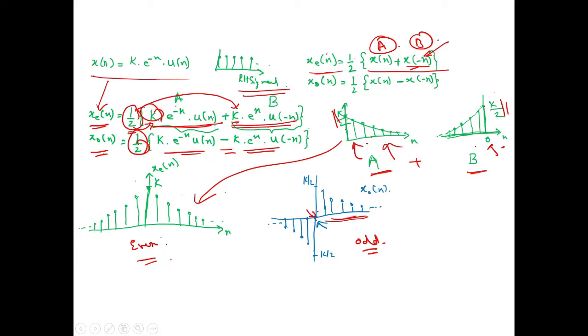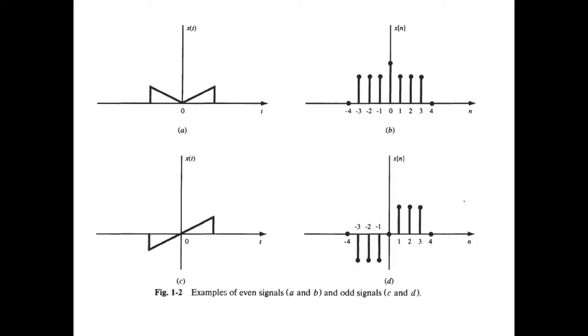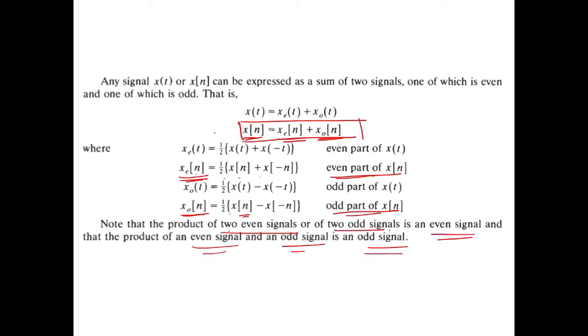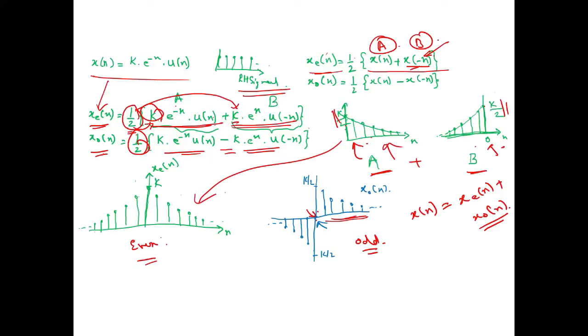Okay, any doubt? It is as simple as that. When you are having any signal x of n, it is given by x e of n plus x o of n.